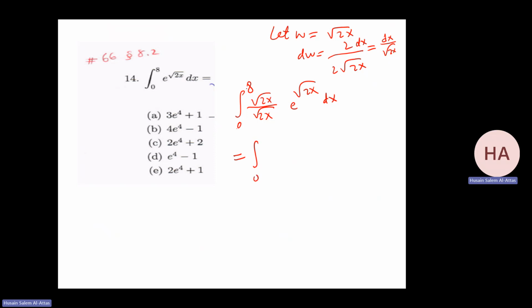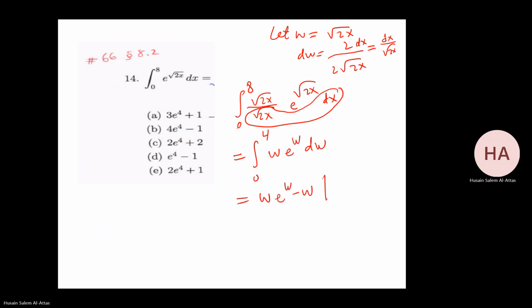That will be 0 and square root of 16, which is 4. And this will be my dw. So I have w e to the w dw, and I know this from before: w e to the w minus e to the w, from 0 to 4. That gives me 4 e to the power 4 minus 4.